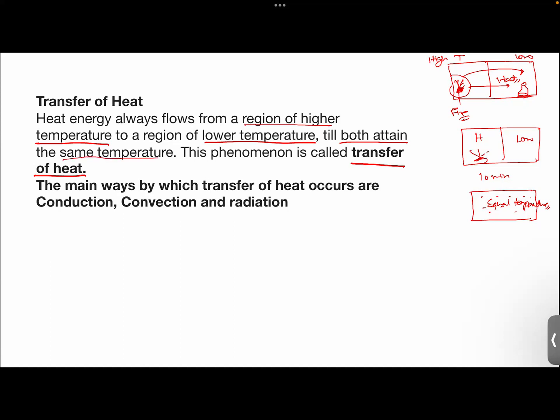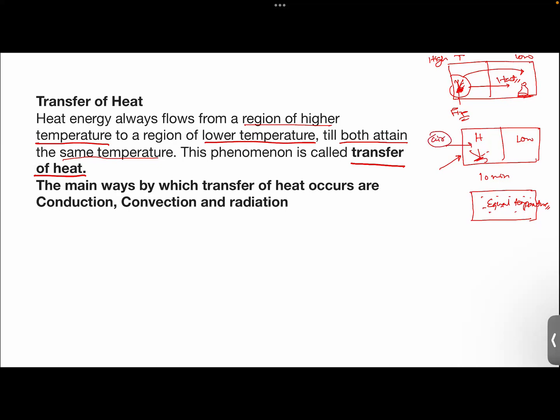And the ways in which this flow can take place will differ depending upon different mediums. Take the example of this room. In the case of this room, the medium in which the flow of heat is taking place is air.